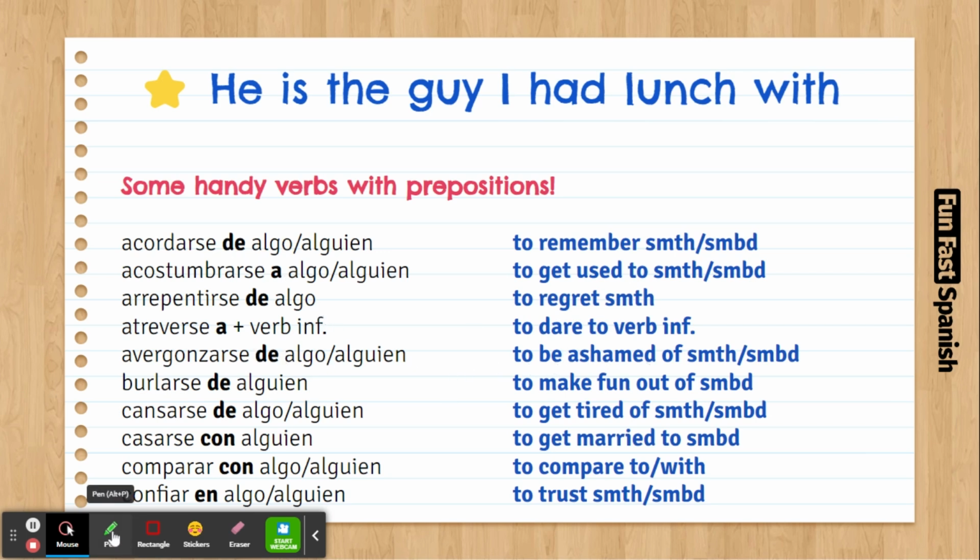Just pay attention to these prepositions. Yeah. These are the prepositions we use for these verbs when we want to mean this. De, con, en, yeah, and so on.